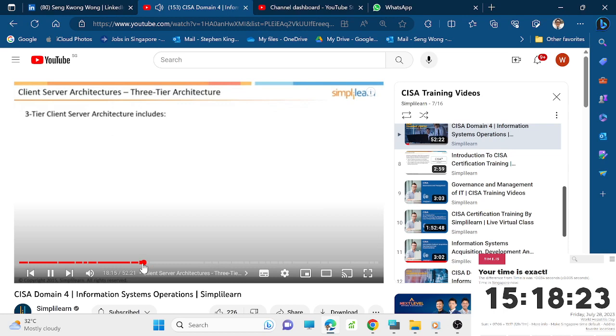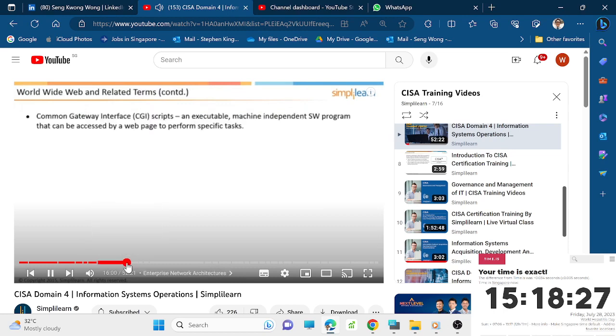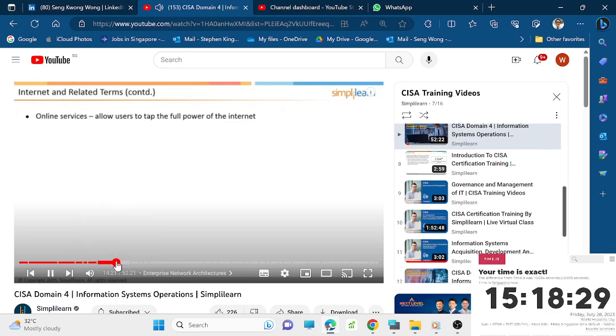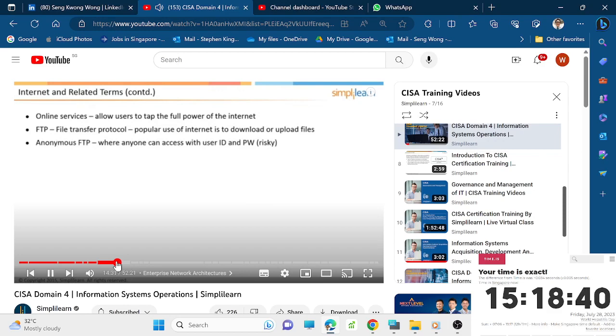In a 3-tiered client-server architecture, the front end scripts. This is an executable machine to tap the full power of the Internet. A popular use of the Internet is to download or upload files. This is enabled through the File Transfer Protocol, FTP. With anonymous FTP, anyone can get access without a user identification, ID, and password, PW, although this is considered risky.